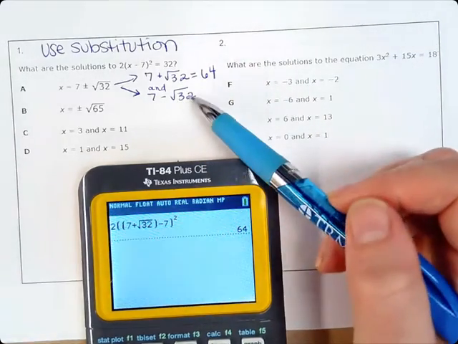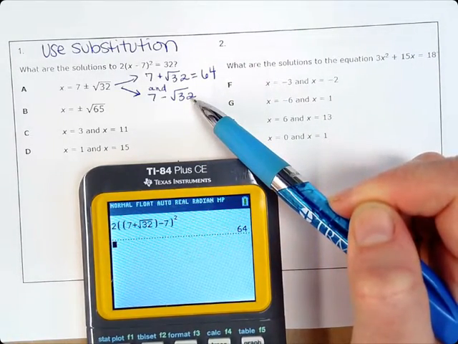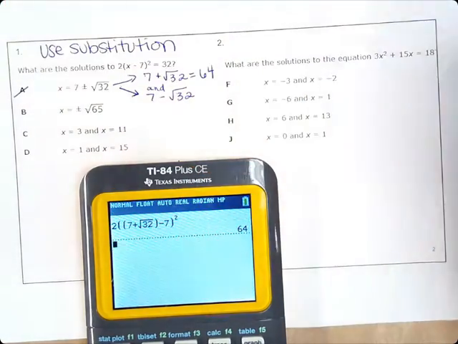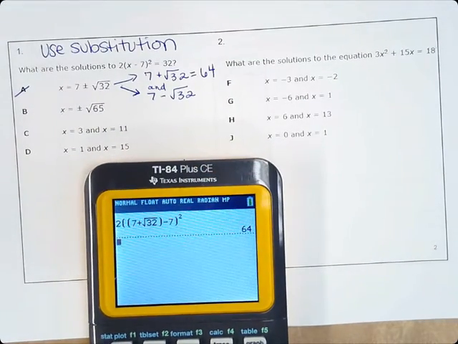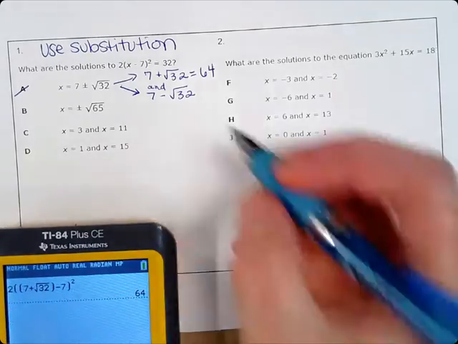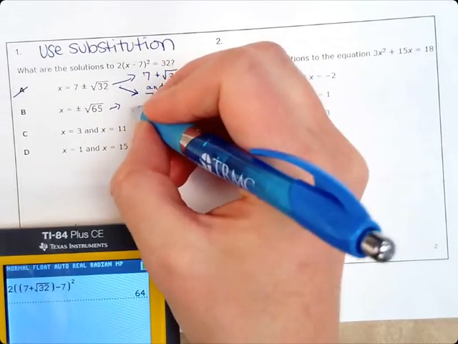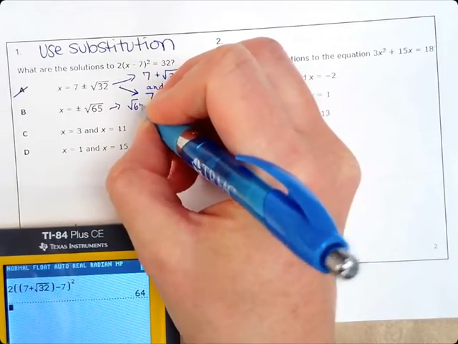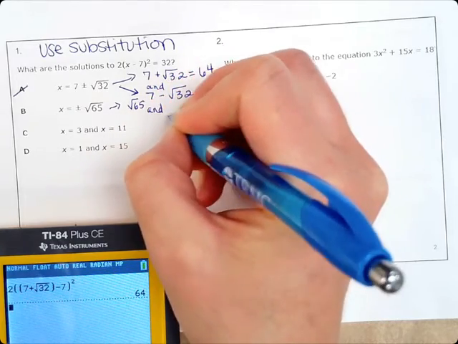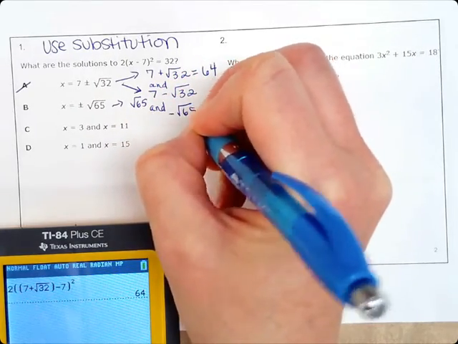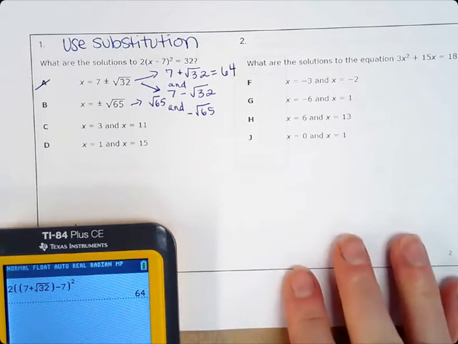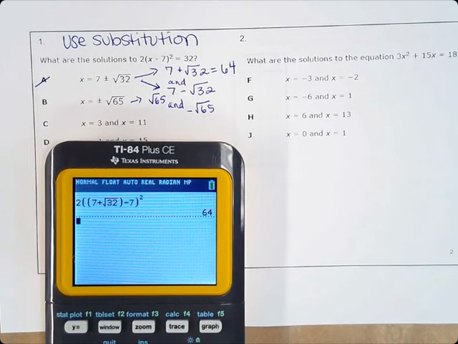So do we even have to plug in this other one? So we know A is not it. So then the next one, I'm going to plug in positive square root of 65 and negative square root of 65. So 2, parentheses.